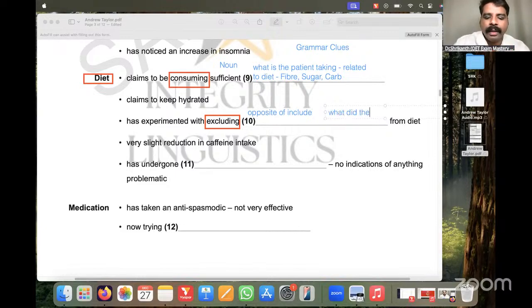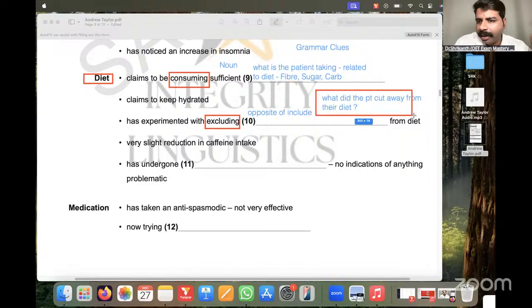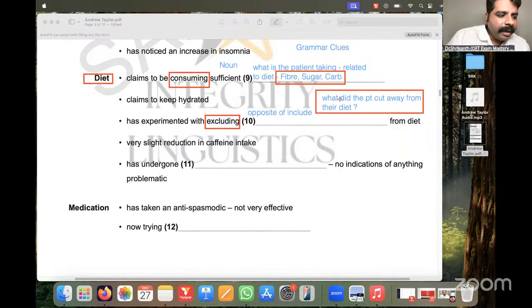What did the patient cut away from their diet? This is what you have to find out. What did the patient cut away from the diet? So maybe the patient cut away sugar, maybe the patient cut away carbohydrates. So here also it could be something like dairy products, whatever it is.